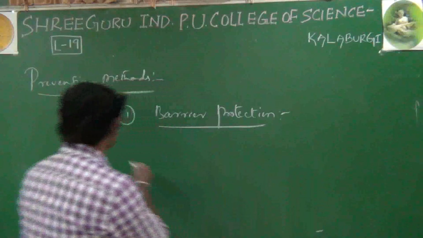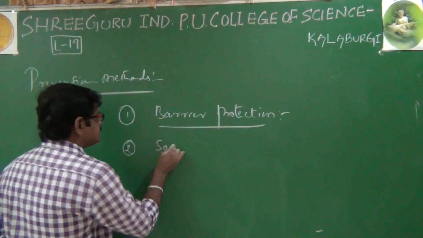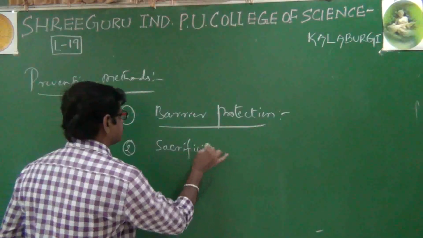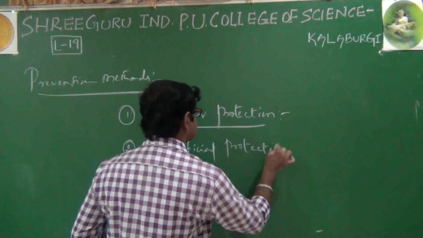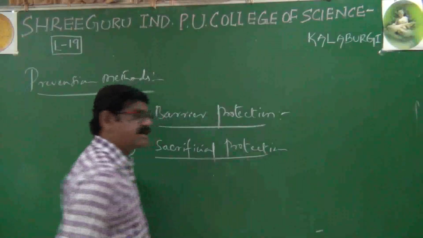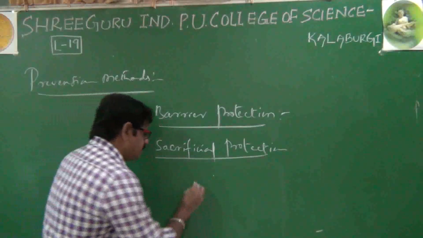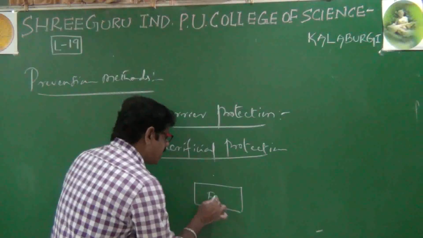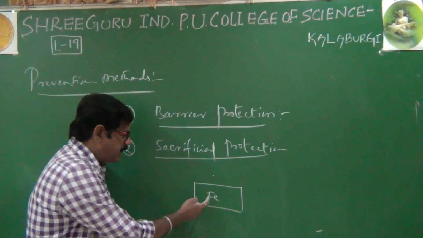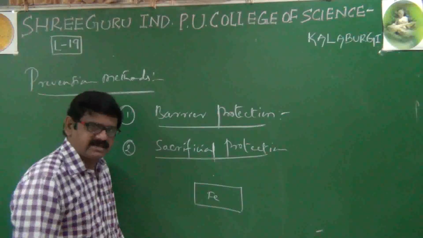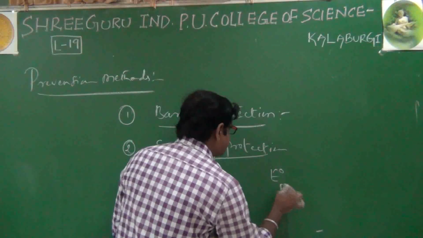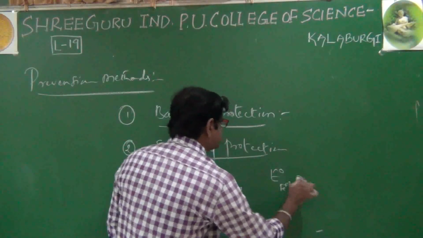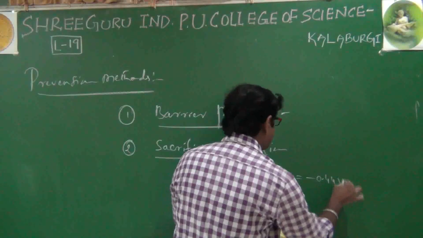The second one is sacrificial protection. What is meant by sacrificial protection? Very simple. Suppose we have an iron piece and we have to protect this iron from rusting. Immediately, what do we have to do? See here, the iron SRP value is minus 0.44 volts.